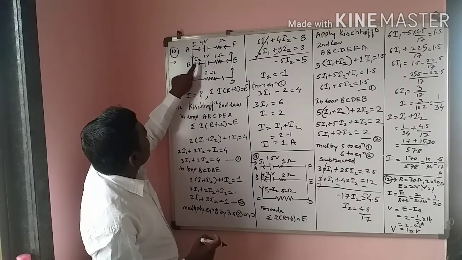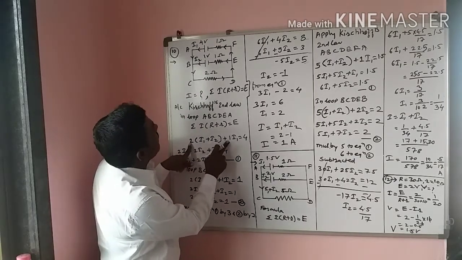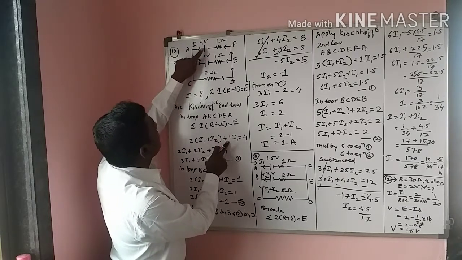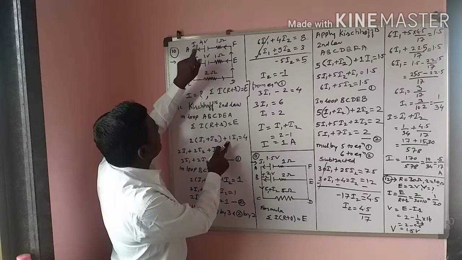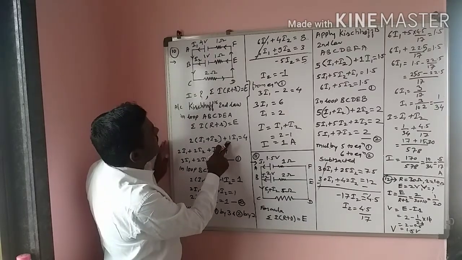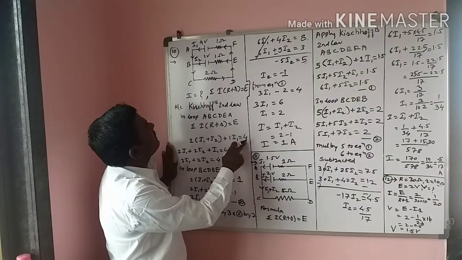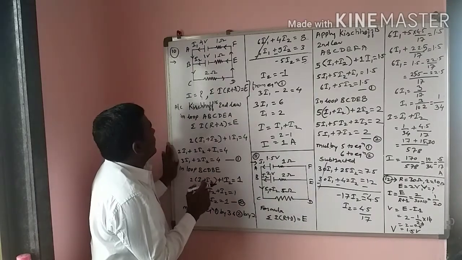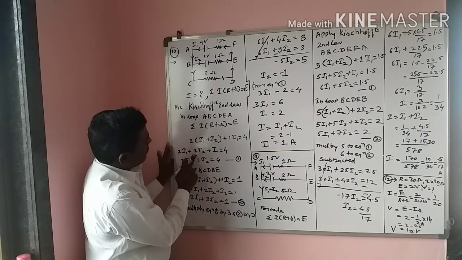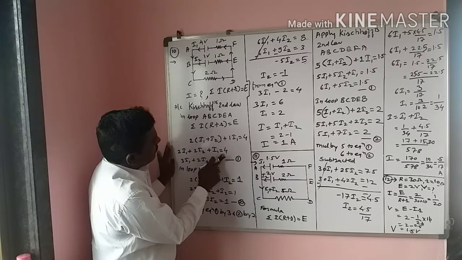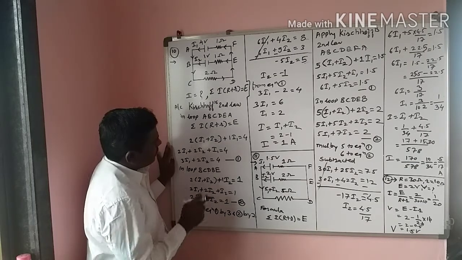This is the potential difference, that is twice I1 plus I2, plus the internal resistance 1 and the current flowing through that, I1, is equal to the total EMF, that is 4 volt. Then when we solve, multiplying by 2, 2I1 plus 2I2 plus I1 is equal to 4, and we get 3I1 plus 2I2 is equal to 4.